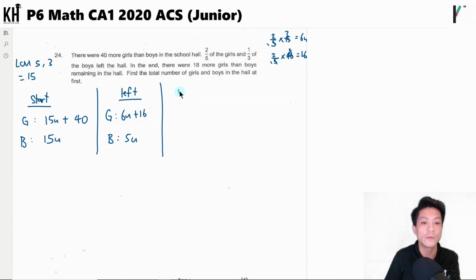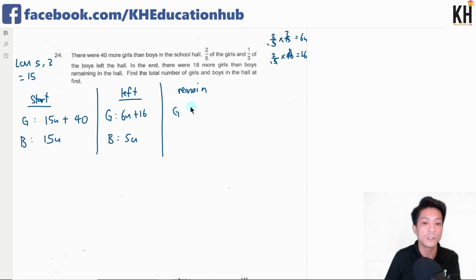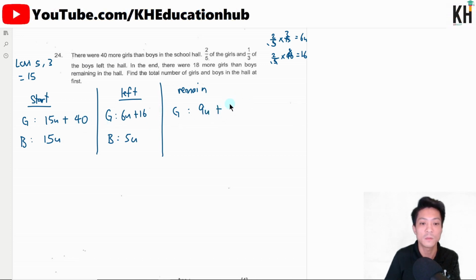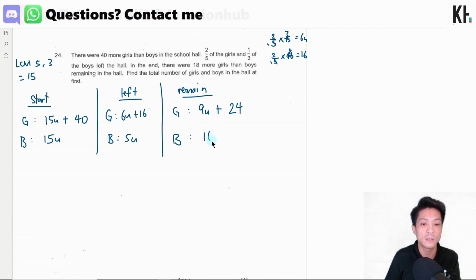Okay, those that remain for the girls will basically be equal to 15 minus 6 will be equal to 9 units. Okay, 40 minus 16 will give you 24. Okay, boys that remain will be 10 units. Okay, in the end there are 18 more girls than boys.